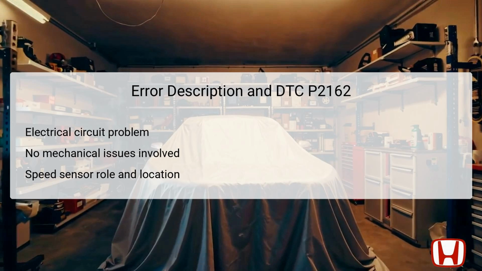The TCM uses this information to make real-time adjustments to the transmission operation. Because this code stems from an electrical circuit issue, it is crucial to rule out any potential mechanical problems with the transmission itself. Therefore, when troubleshooting, focus predominantly on the wires and connections related to the speed sensor.